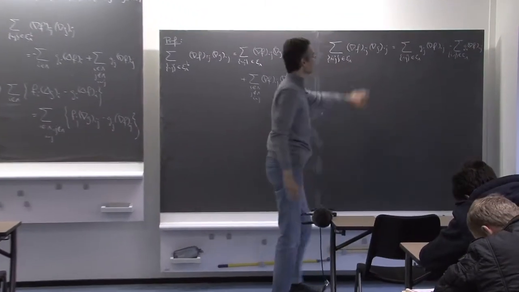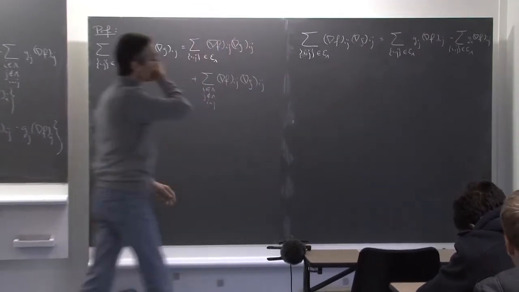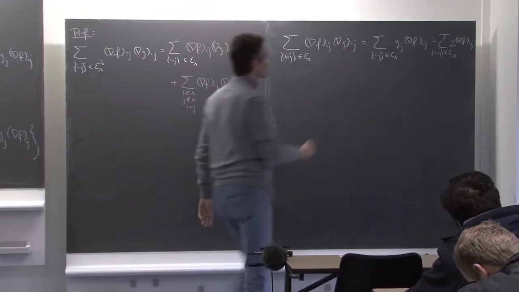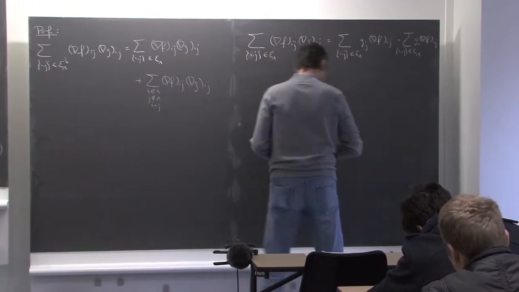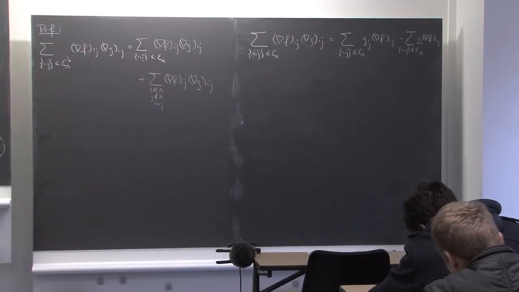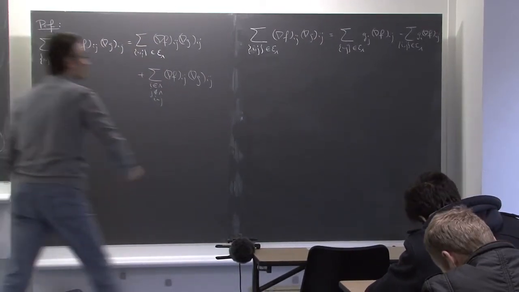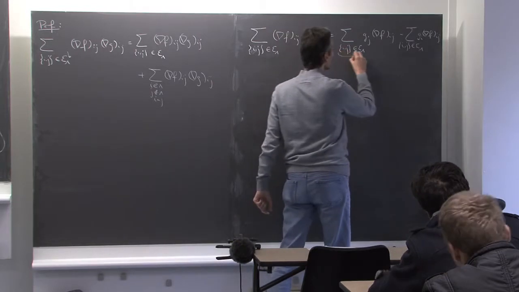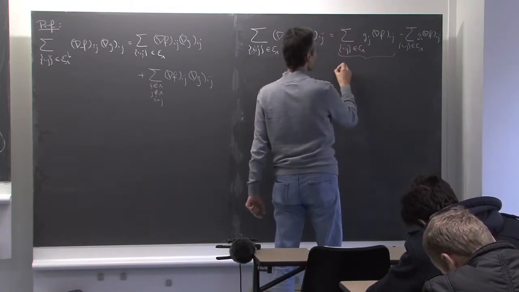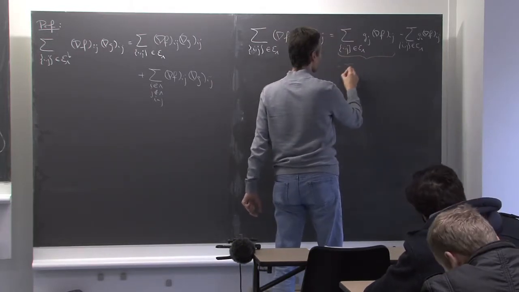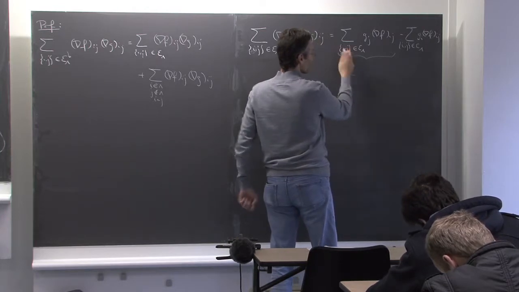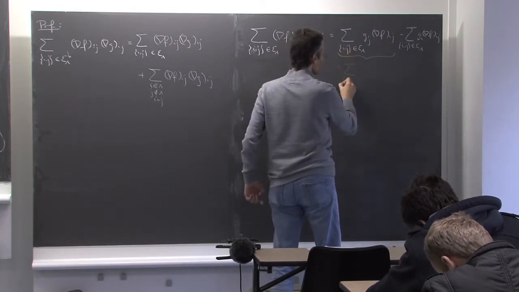Just use the fact that this is gj minus gi. The first sum here, I can rewrite by interchanging i and j.